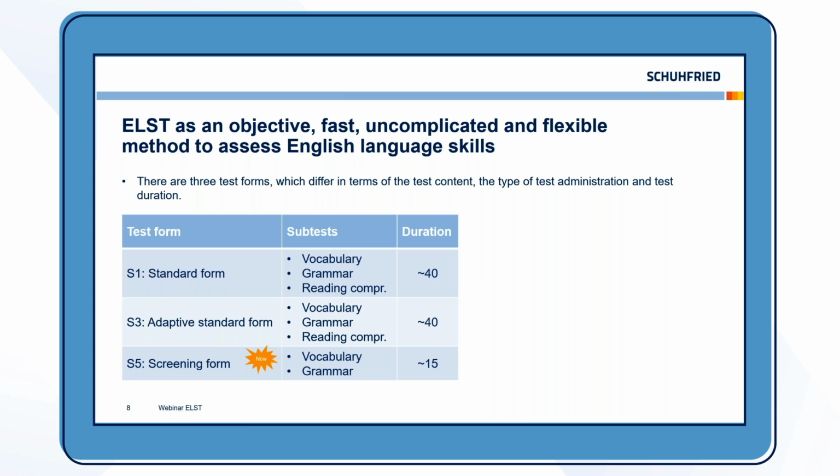This is partly because the subtest reading comprehension is not included, but also because the subtests contain fewer items than in the standard forms. The difference between the standard form and the adaptive standard form is the type of item administration.